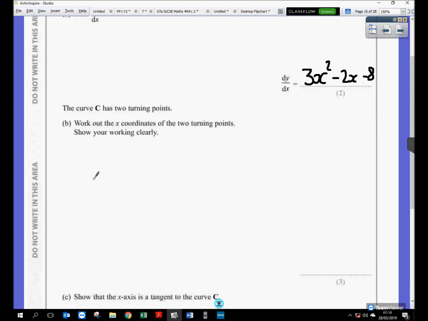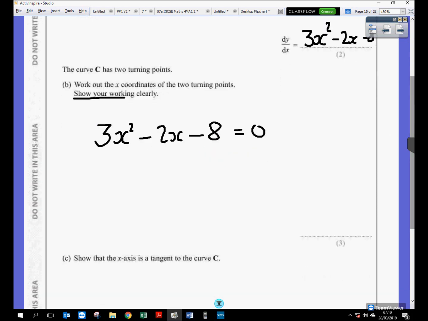The curve has 2 turning points. Turning points occur when dy by dx equals 0. That's a fact. Turning points occur when dy by dx equals 0. So set this equal to 0, and now we need to solve this and show your working clearly. So you can use the quadratic formula if you like. The quadratic formula is x equals minus b plus or minus the square root of b squared minus 4ac all over 2a.